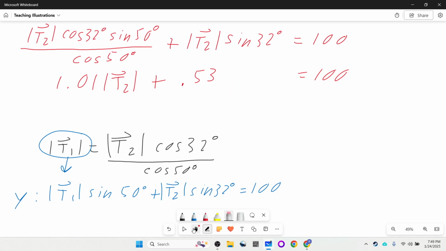Sorry, that's not sine of 32, length of t2 is what I meant to say there.